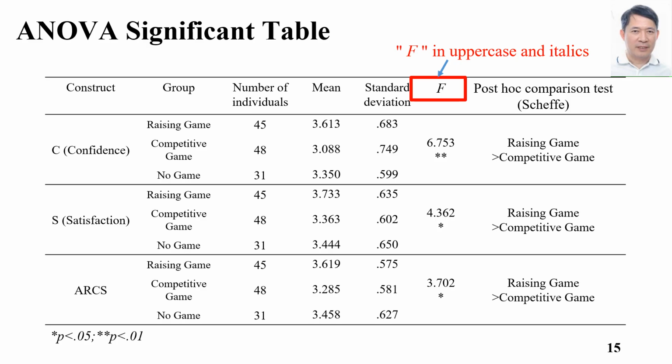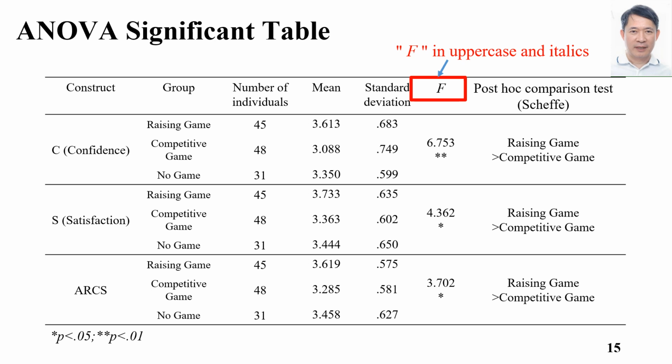Therefore, following this pattern, we can organize a table for significant results. Typically, we start with the variables, followed by the three groups for each variable. Then, we include the number of participants, means, and standard deviations. Additionally, we include the F values.